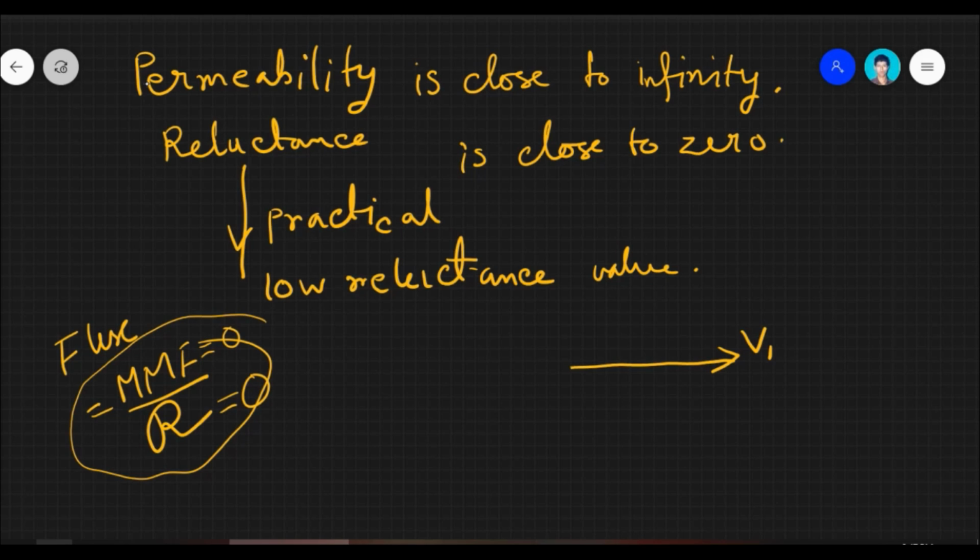But when instead of 0 you make a slight increase in reluctance, say some value you will have here, then obviously if you want to maintain this flux constant, you need mmf that is greater than 0.